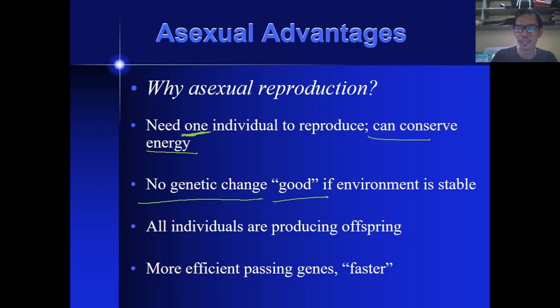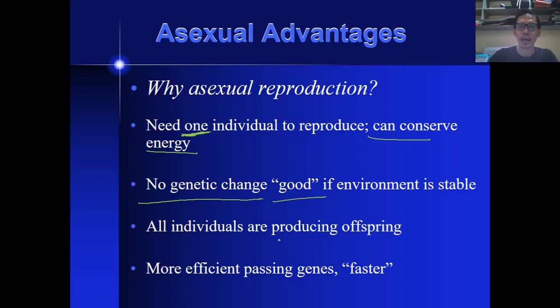So no genetic change happens in asexual reproduction. Next, all individuals are producing offspring. Since gametes are not needed here, the organism doesn't require a male or a female in order to reproduce. Only one organism will reproduce its own offspring.